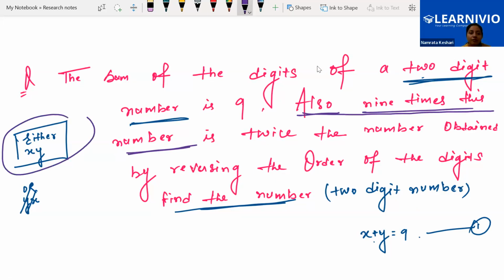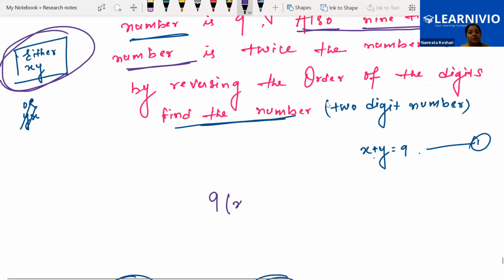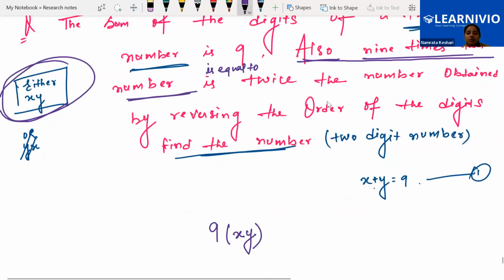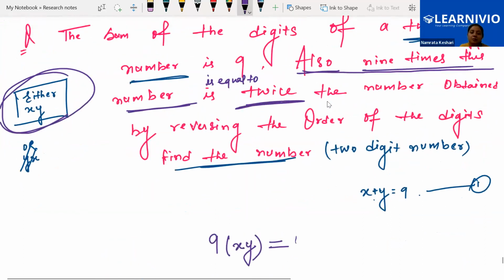The number which we have taken into consideration. 9 times this number is equal to twice, meaning 2 times, the number obtained by reversing the order. Now the number obtained by reversing the order, that means yx. Yes or no? Are you getting it, Arya?